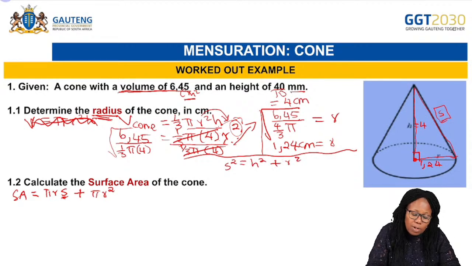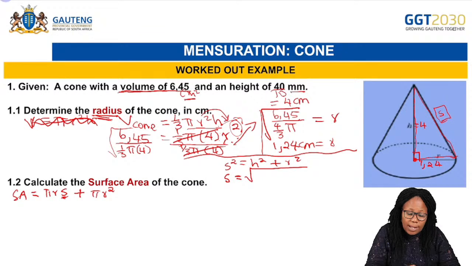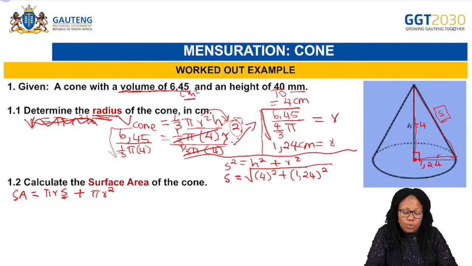That is the Pythagoras theorem. And then to get an s, this side will lose an exponent, then this will gain a square root sign. And then let's substitute. What is our height? Height is 4. This will be squared plus the radius of what? 1,24 from our calculation above. And then this is also squared.